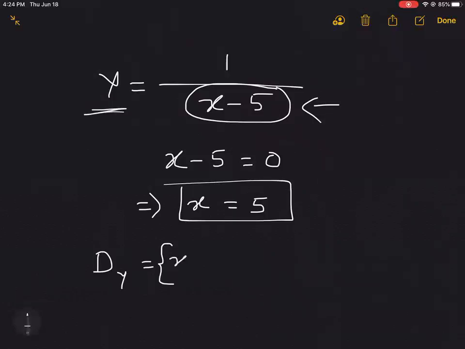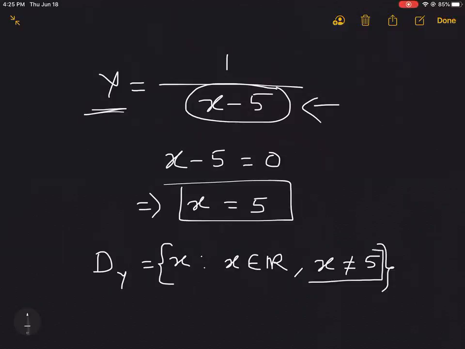So the domain is all of those x such that x is a real number, that means from negative infinity to infinity, and x is not 5. So I'd say x not equal to 5. So that's my domain.